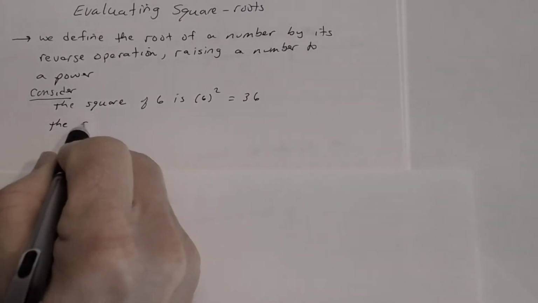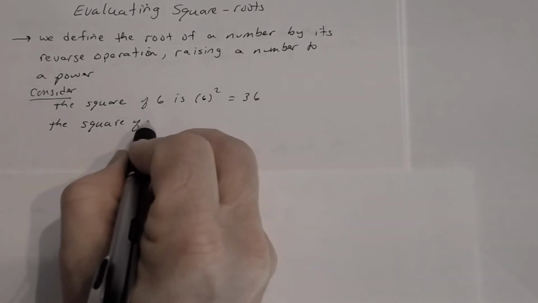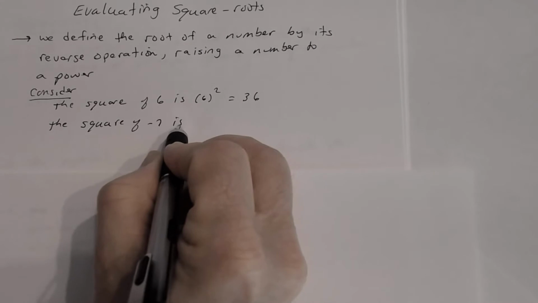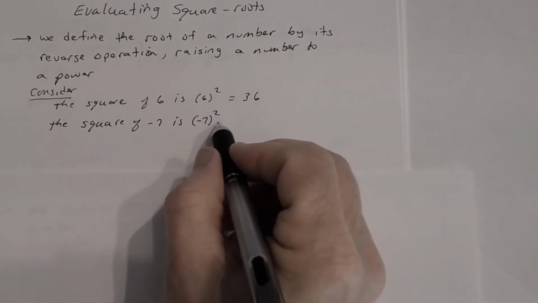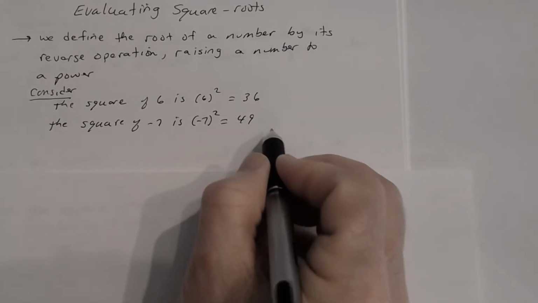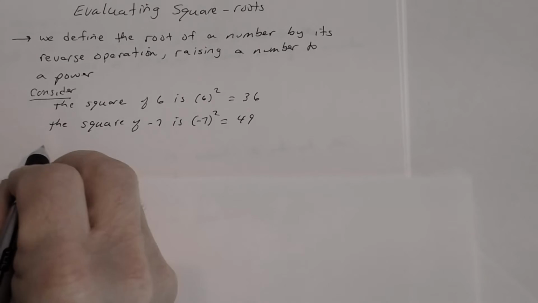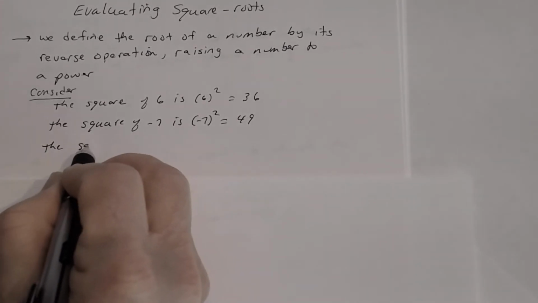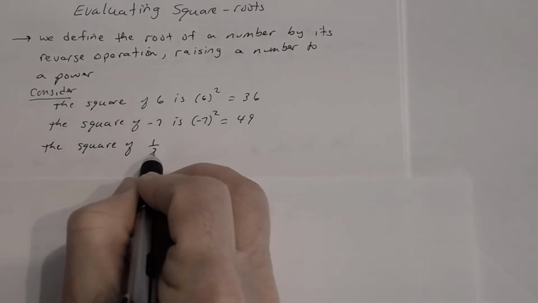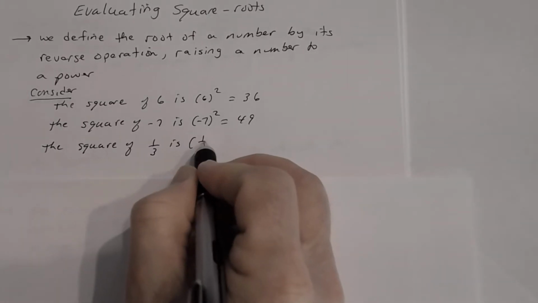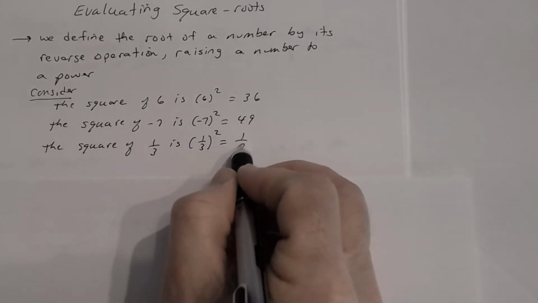The square of -7 is -7 squared. Be careful: -7 times -7 is a positive 49, so don't say -49. It's a positive 49. And then let's do one more. The square of 1/3, which is 1/3 squared, means 1/3 times 1/3, which is 1/9.